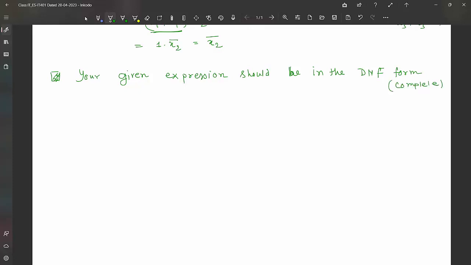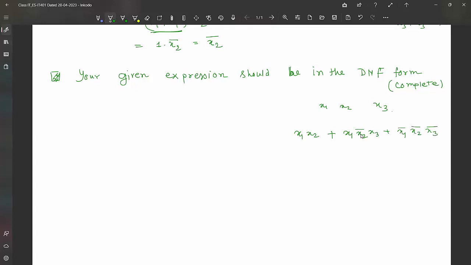So what is complete DNF form? That means suppose there are 3 variables x1, x2 and x3 in your problem, but in your expression there is only x1 and x2, no x3. And then plus suppose x1 x2 bar x3, and then plus suppose x1 bar x2 bar x3 bar.